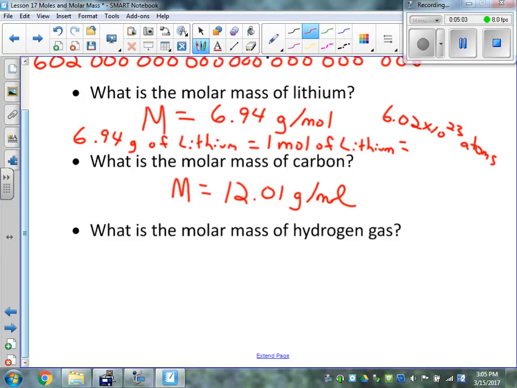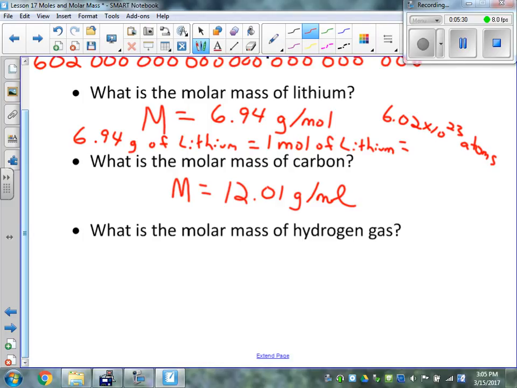So if I take 1 mole of carbon, it's going to weigh more than a mole of lithium, because each carbon atom has 6 protons and 6 neutrons for a weight of 12. So a carbon atom weighs 12-ish, 12.01, but 12. But a lithium atom only weighs 7 because it's only got 3 protons and 4 neutrons.